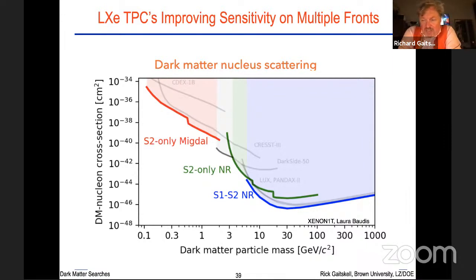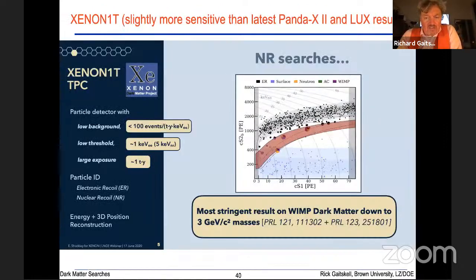It should be said that Migdal needs to be actually calibrated, and that's something that hasn't happened yet, but we intend to do that. Right now we just have to assume theoretically that Migdal is there when setting those limits.